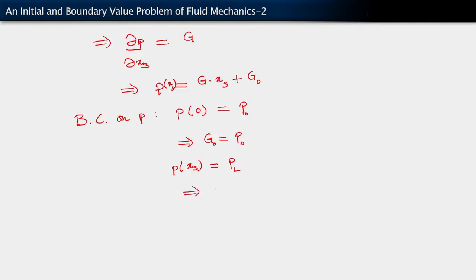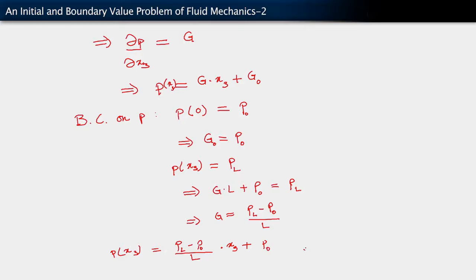And this then implies for us that G times L plus P0 equals P sub L. So very simply, G is the pressure gradient, PL minus P0 divided by L, and our pressure as a function of position, remember, the flow is steady, so there is no dependence on time here, is PL minus P0 divided by L times x3 plus P0. We've got our solution for P.